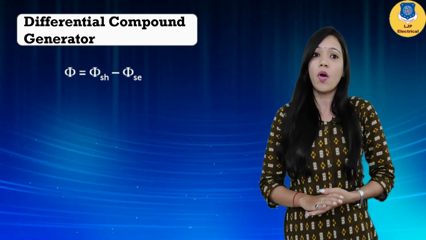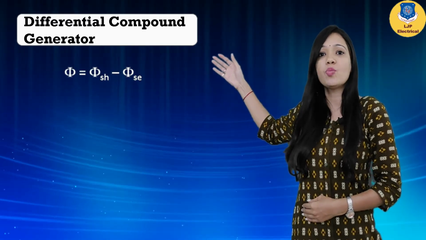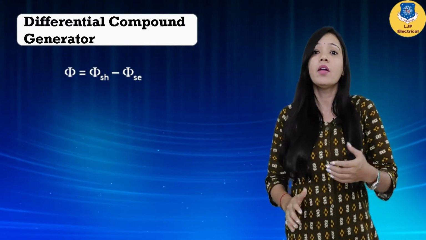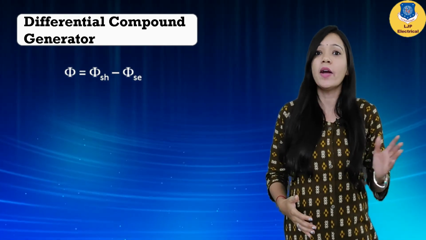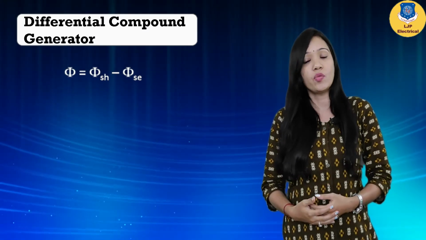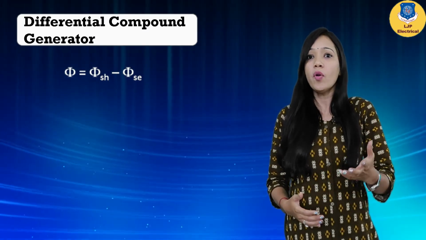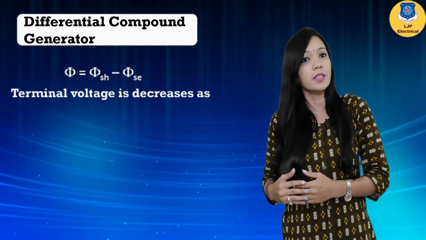The equation of net flux is phi = phi_SH - phi_AC, where phi_SH is the flux due to the shunt field winding and phi_AC is the flux due to the series field winding. Therefore, the terminal voltage decreases as the load current increases.